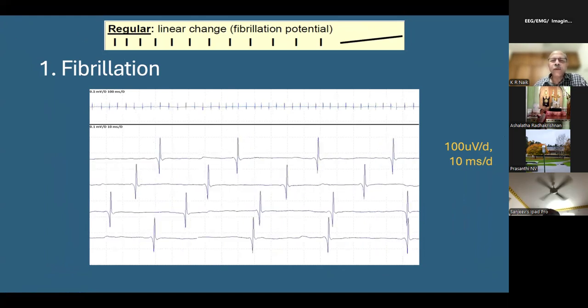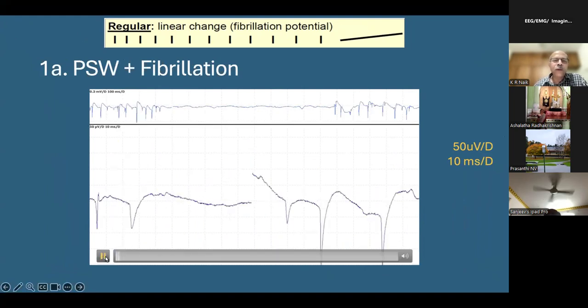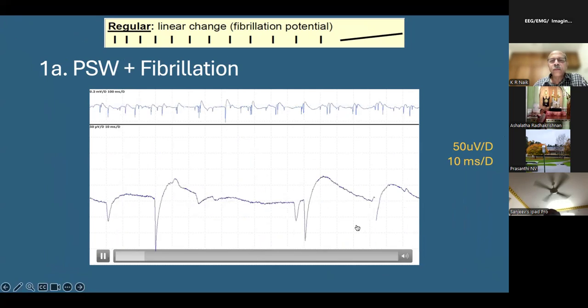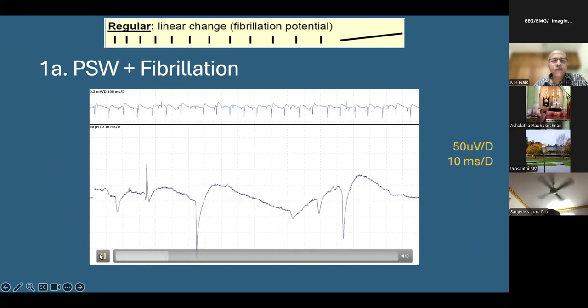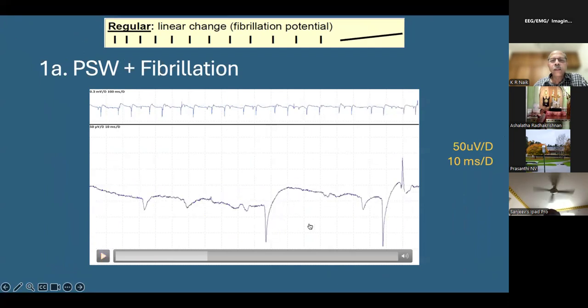Now, in comparison with this, here is one more single fiber potential. This is going down and up. Down is fast, going up is slow. Now, this is a fast sharp wave.